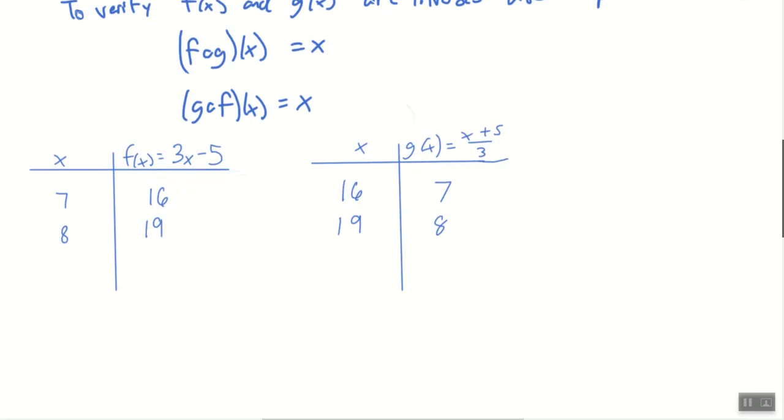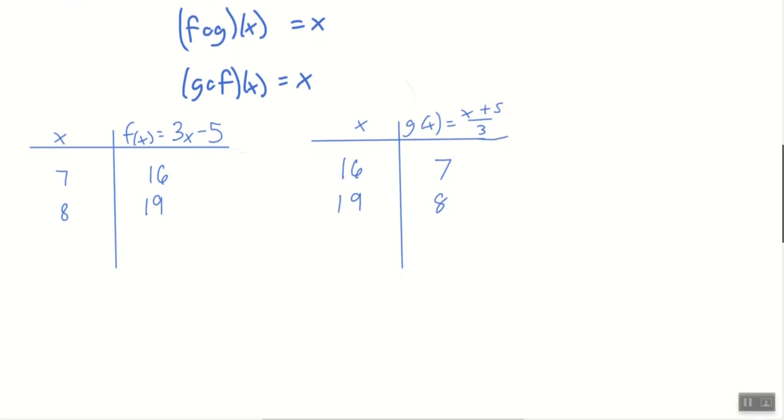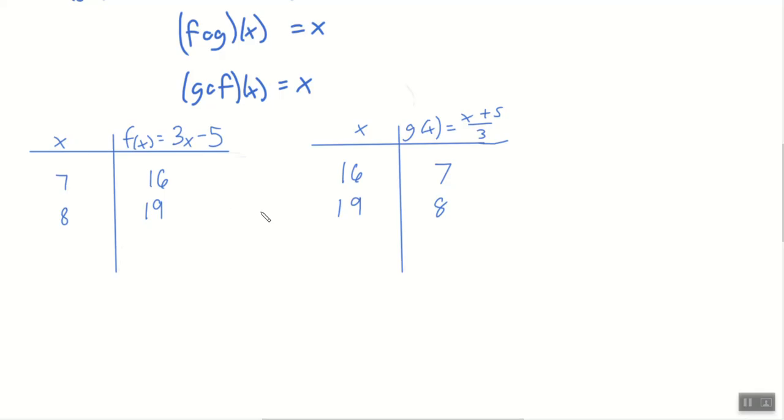See how these tables are just switching x and y values? So this tells us that these are actually inverse relations. So I'm going to write this down. These are my outputs, and then our outputs become inputs of our inverse function.